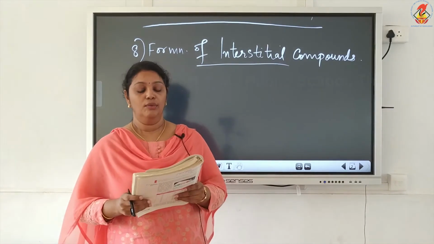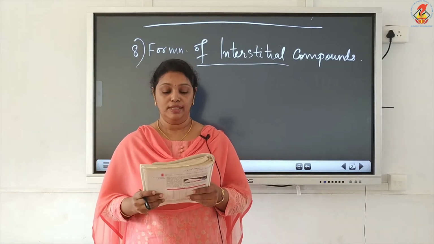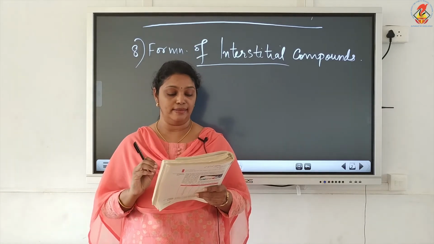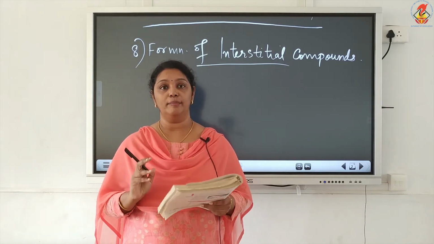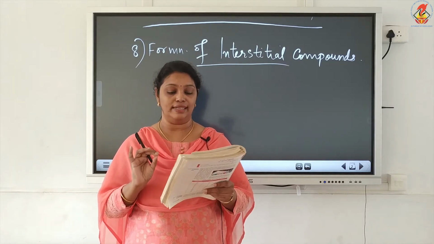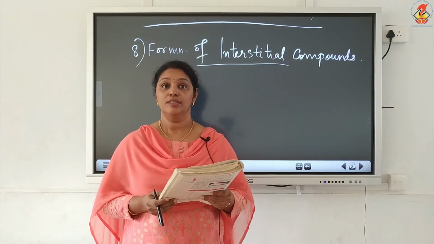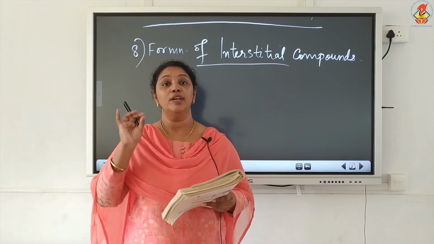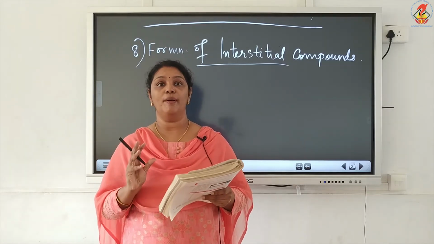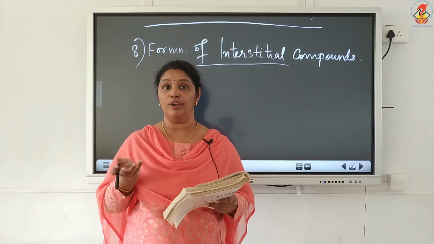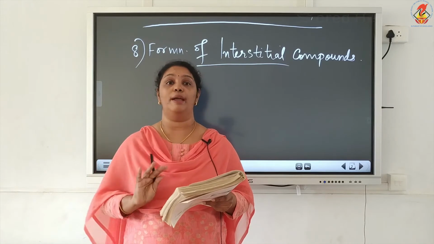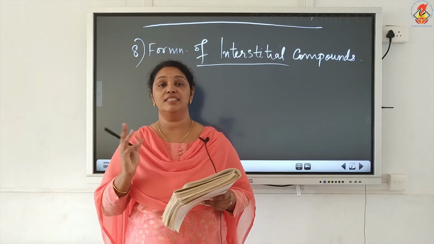Now, what are interstitial compounds? They are compounds which are formed when small atoms like hydrogen, carbon or nitrogen are trapped inside the crystal lattices of metals. We know in the crystal lattice we have voids or holes present. So in these holes or voids small atoms like carbon, hydrogen or nitrogen are trapped, and we get interstitial compounds.